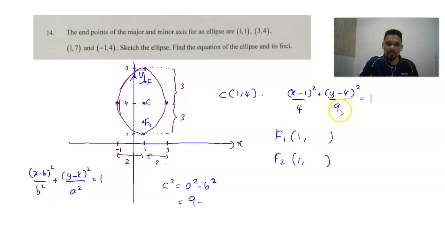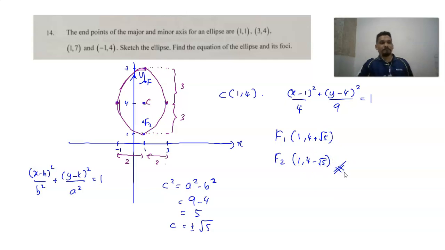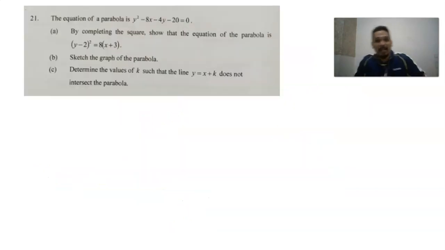So 9 is a squared, 4 is b squared. 9 minus 4 is 5. Then c equals plus or minus square root of 5. So here the foci are (1, 4 plus square root of 5) and (1, 4 minus square root of 5). Okay, get it?